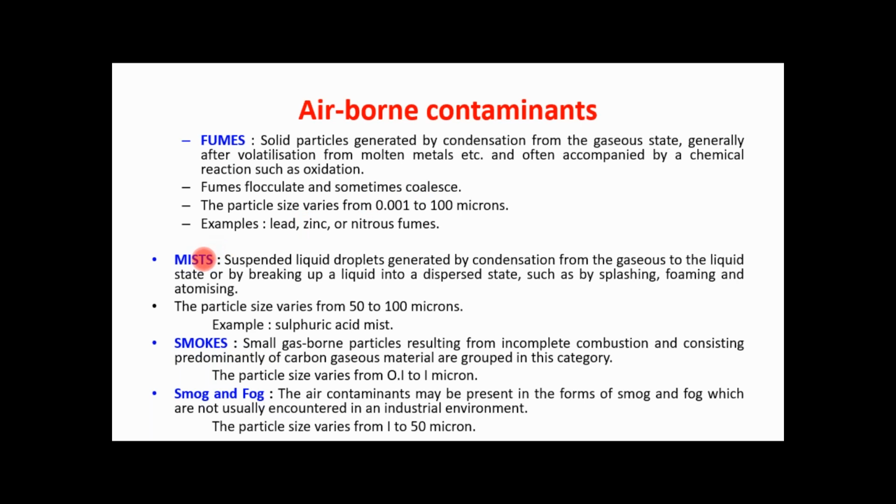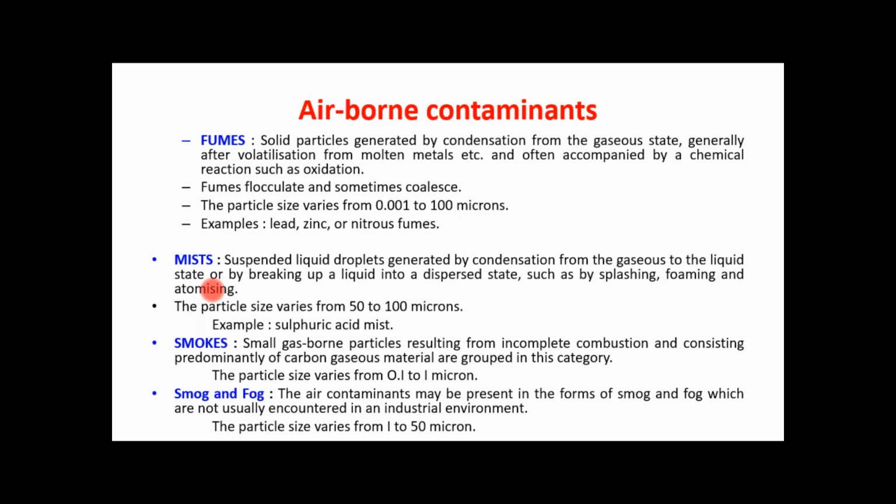Then mist is another concept, that is suspended liquid droplets. These suspended liquid droplets are called mist, and they may be generated due to condensation from the gaseous to the liquid state, or by breaking up liquid into a dispersed state, such as splashing, foaming, and atomizing.